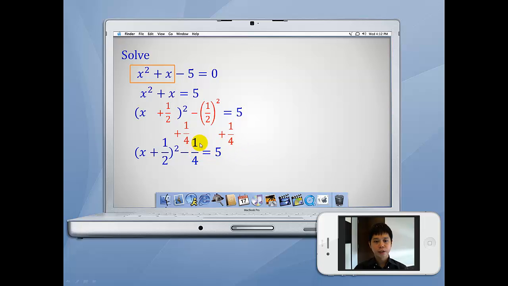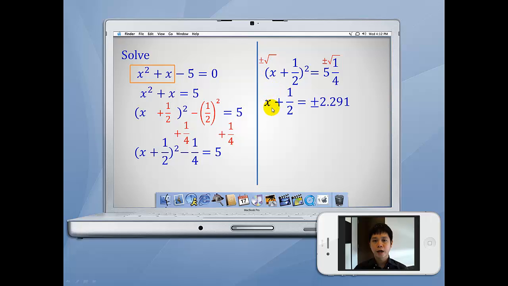We shall now bring the 1 over 4 over to the other side, and hence x plus half squared equals 5 and 1/4. Now having the perfect square, we can easily solve the equation by square rooting on both sides. And hence we will have x plus half equals the square root of 5 and 1/4, which will give us plus minus 2.291.